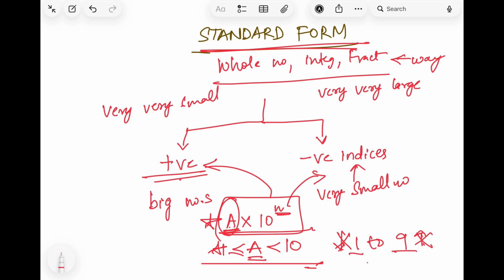Okay. So this is well understood, I hope. Now we will take up an example for this also. How do we actually write the number in standard form? I will take the number 3300. Now there are three ways in which I will write this number, and you can comment down which you think is the correct one.